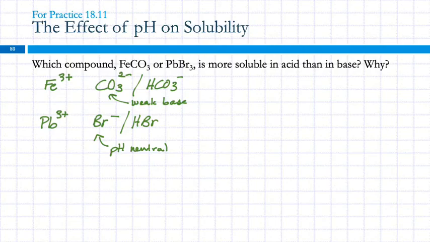When iron carbonate, sorry, it's not iron 3, it's iron 2, iron 2 carbonate dissolves in water, it makes iron ions and carbonate ions.